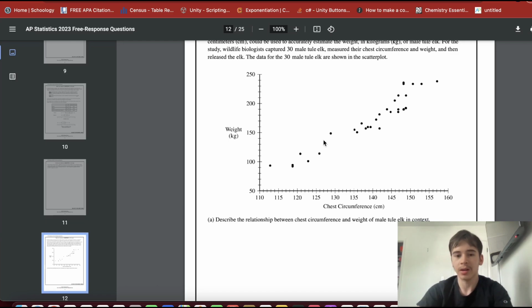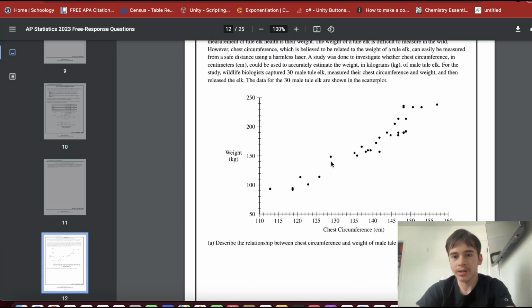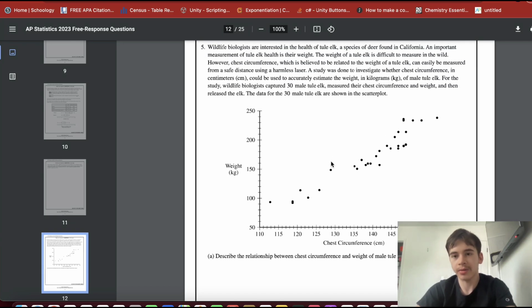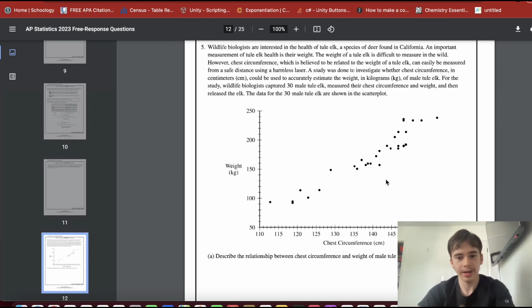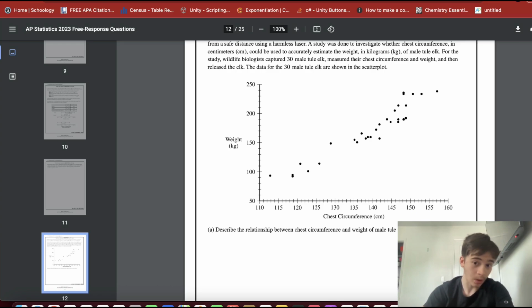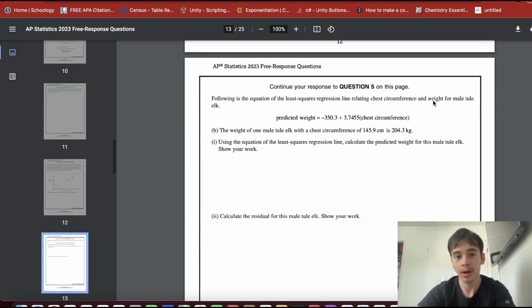So yeah, you would say the association is positive, linear, and moderately strong. You could say, and I did say, that there's a cluster between 135 centimeters and about 155 centimeters. I don't think you needed to say that, but you could, to ensure you get the point. Maybe I was wrong, but it literally looks like there's a cluster of points up there. Correct me if I'm wrong.